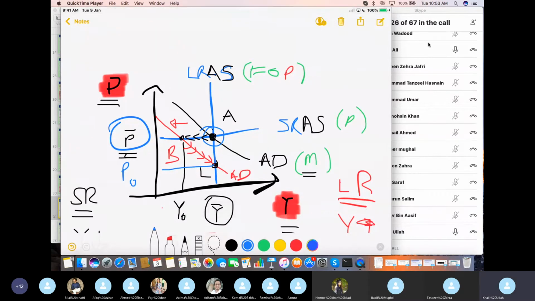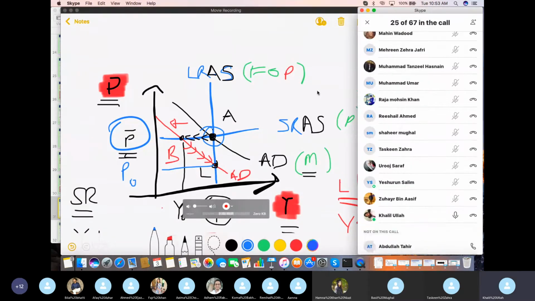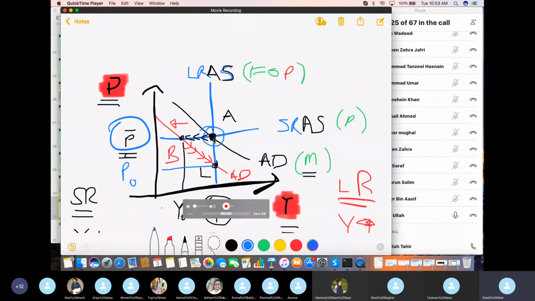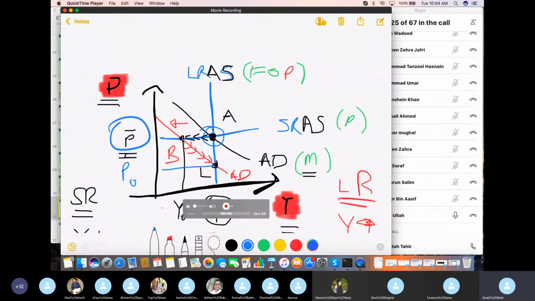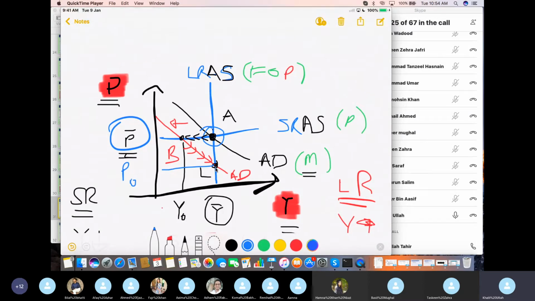What we need to remember is that this seems like a very interesting case where if you face such a shock, in the long run prices would fall. And that is something maybe you want. But the problem is that once the shock happens and the economy moves from point A to point B, the government or the central bank does not know exactly how long it's going to take the economy to move from point B to point L. It might take 1 year, it might take 10 years.